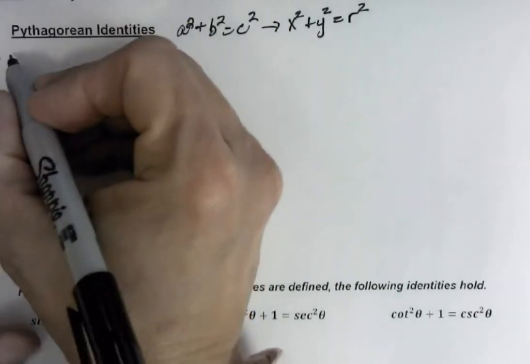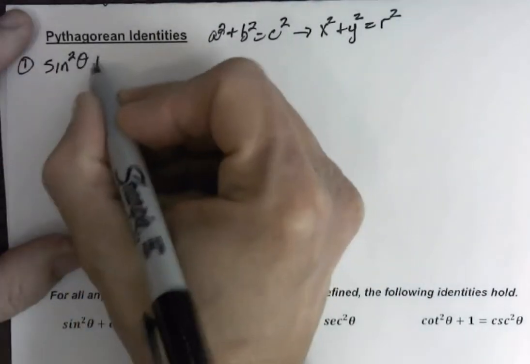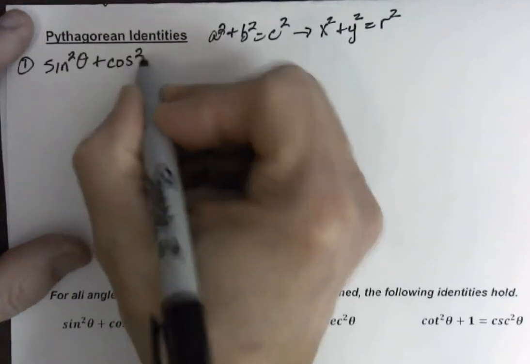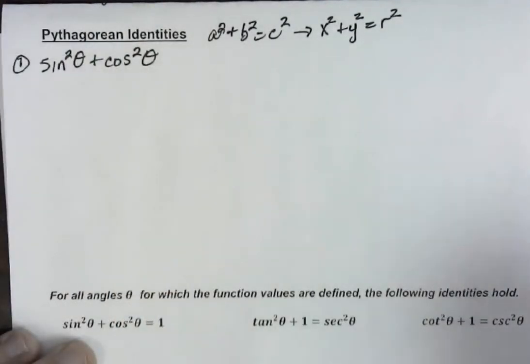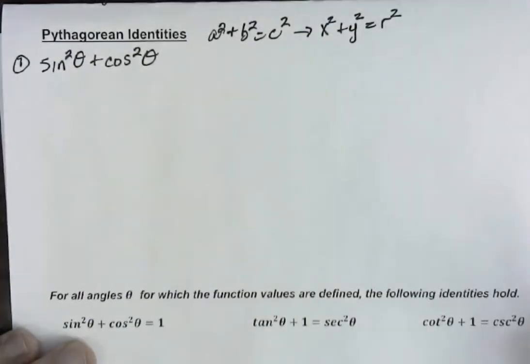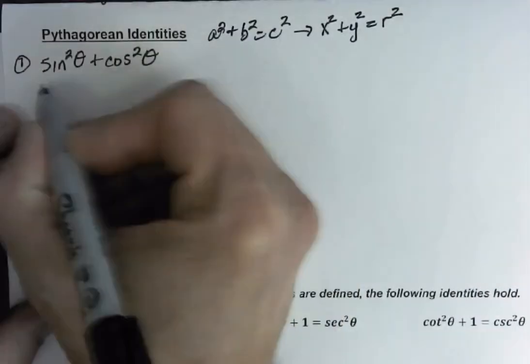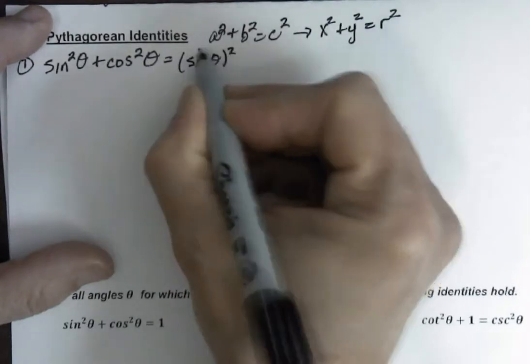So the first one that we're going to look at is this expression, sine squared theta plus cosine squared theta. We're going to look at the definitions of these 2 trig functions and simplify them, and then use our Pythagorean theorem to simplify them even more. So first of all, we can rewrite sine squared as sine theta squared.